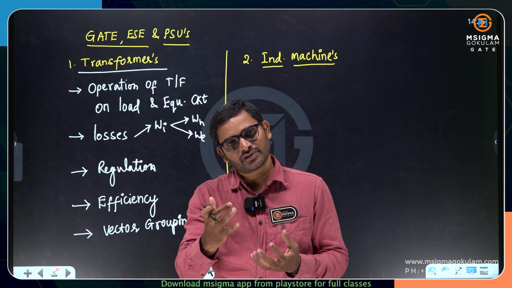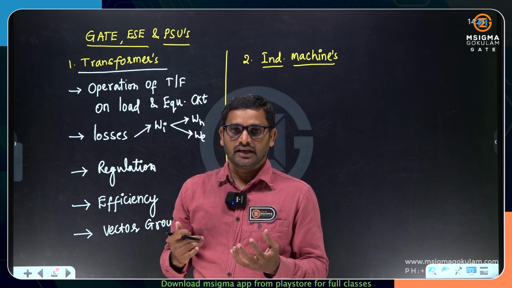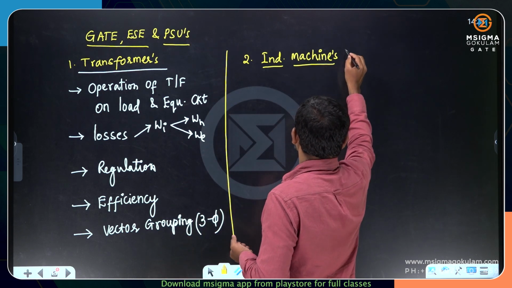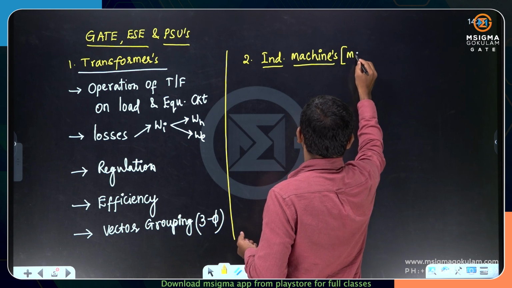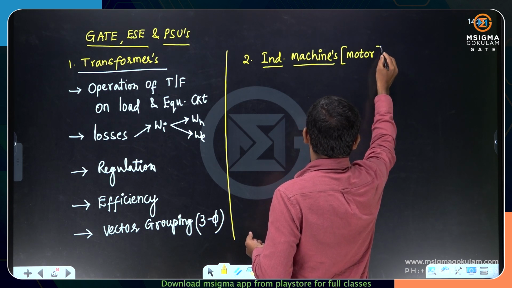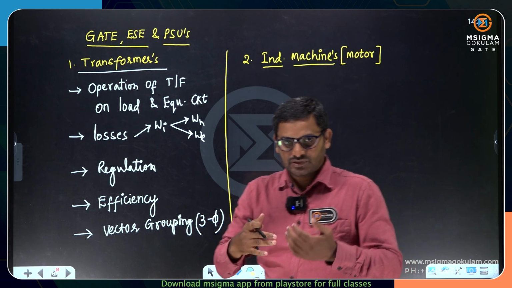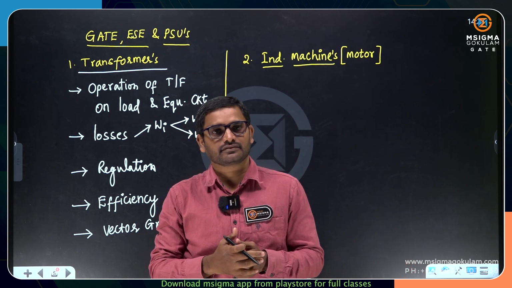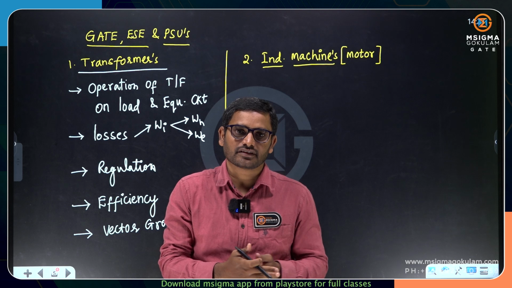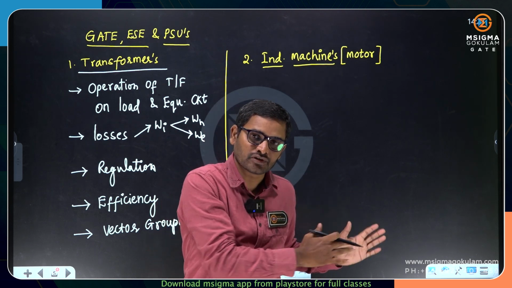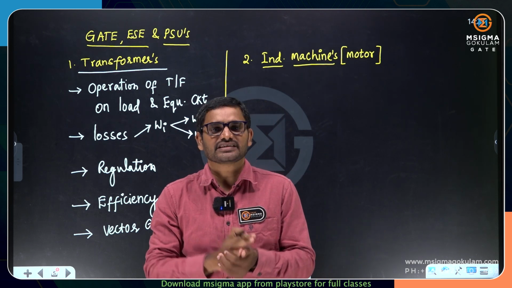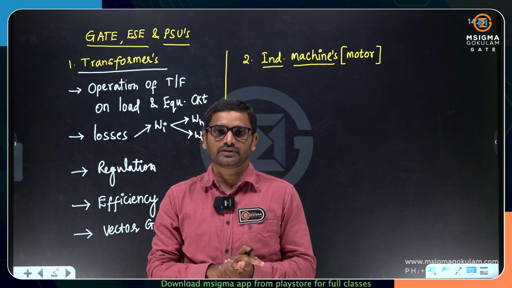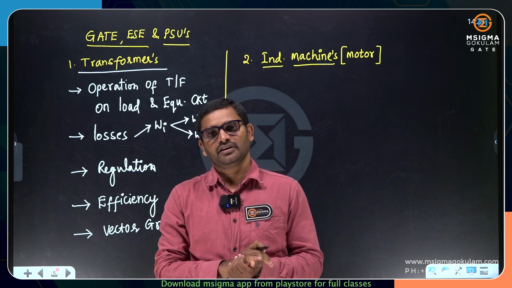You can operate it as a motor, you can operate it as a generator. Here most of the discussion is with respect to motor only. In the syllabus, more than 95% of the discussion is with respect to induction motors but not induction generators, because induction generators are not much popular because of variable frequency of output.